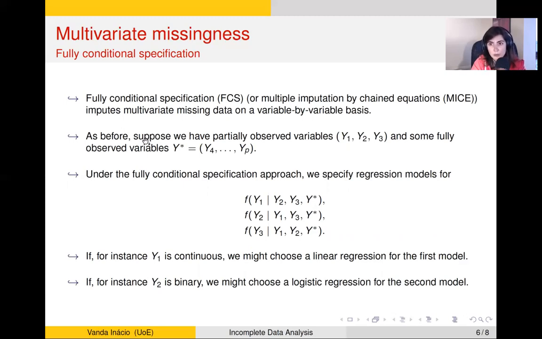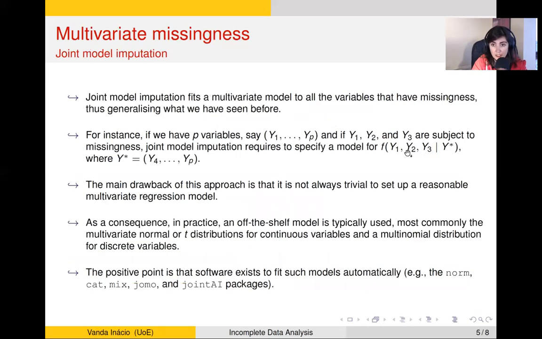If we go back to the example that we used to illustrate the joint model imputation, let's suppose again that we have three variables that are subject to missingness, and all the others, y4 up to yp, encoded in y star, are fully observed. Remember that for the joint model imputation, we would specify a multivariate model for these three variables given all the other observed variables.